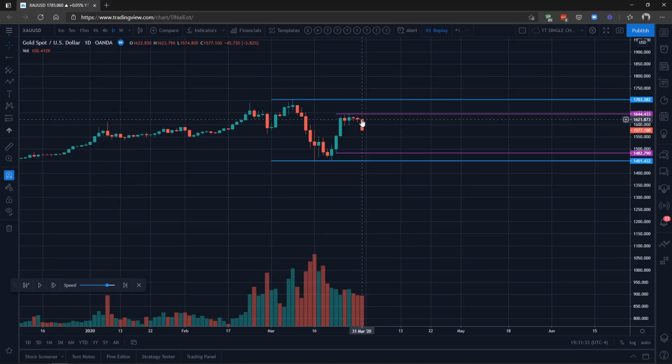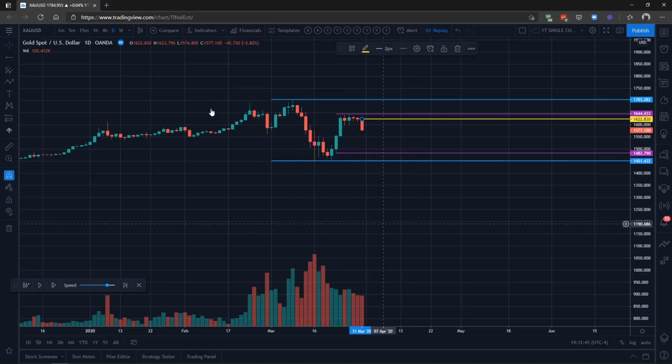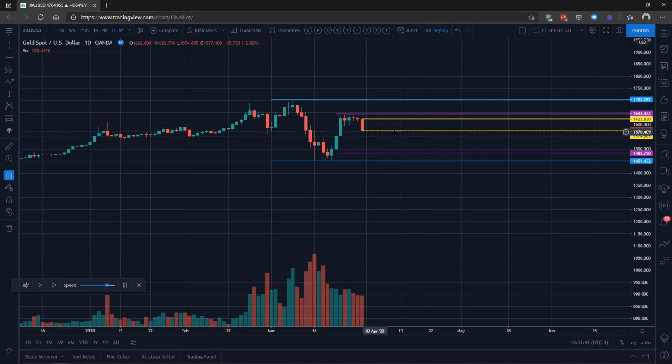So prior day's high and the low, we'll say prior day's high is right here. So that's going to be yellow for the daily. And that's yellow as well. So that is the prior day's high and the low.